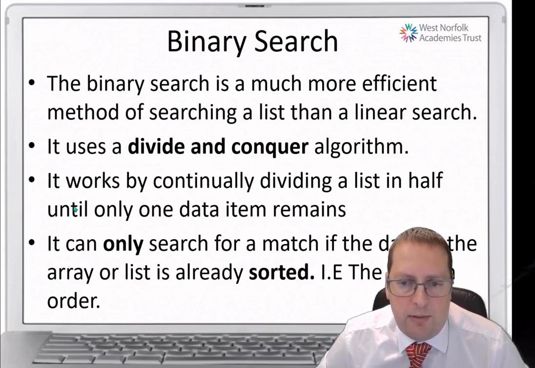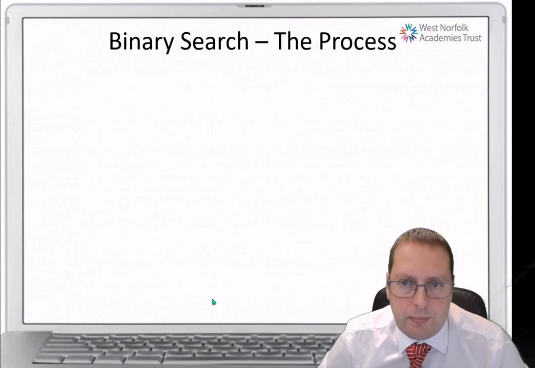So if you had 1,000 items, it would look at number 500, and if it's in that ordered list, if it's bigger than 500, it would get rid of everything that's smaller than 500, so it's half the list straight away. And it can only search, I've already said, if the array is already sorted, so if it's in an order.